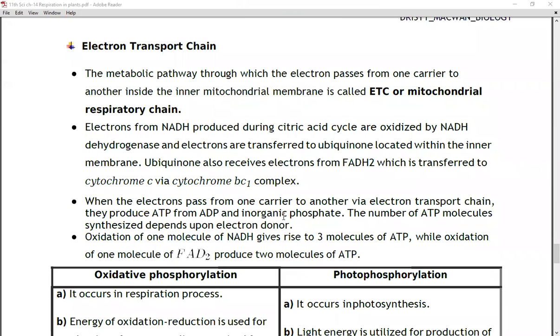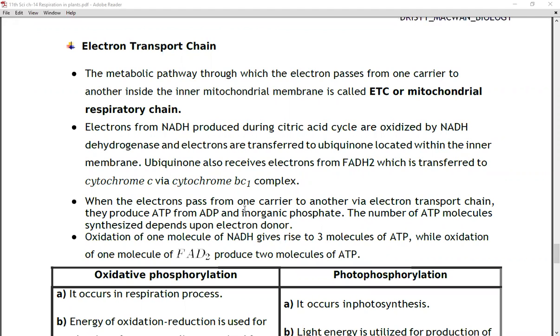One is coming from the NADH2 and the second one is coming from the FADH2. So ubiquinone is the carrier present inside the inner membrane of the mitochondria. It receives the electrons from FADH2 also, and these electrons are transferred to cytochrome C with the help of the cytochrome BC1 complex.